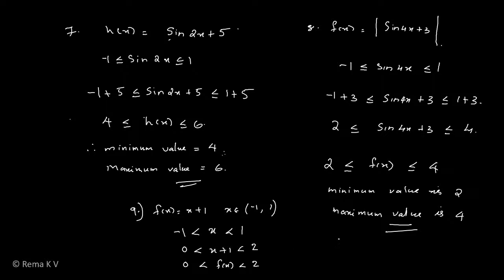If we consider x is equal to c, f of x will be equal to c plus 1. That is, this c plus 1 lies between 0 and 2 and it is very close to 0. But in between this 0 and this c plus 1, we can find infinitely many real numbers less than this c plus 1. So we cannot say that it has a minimum value or it has a maximum value.